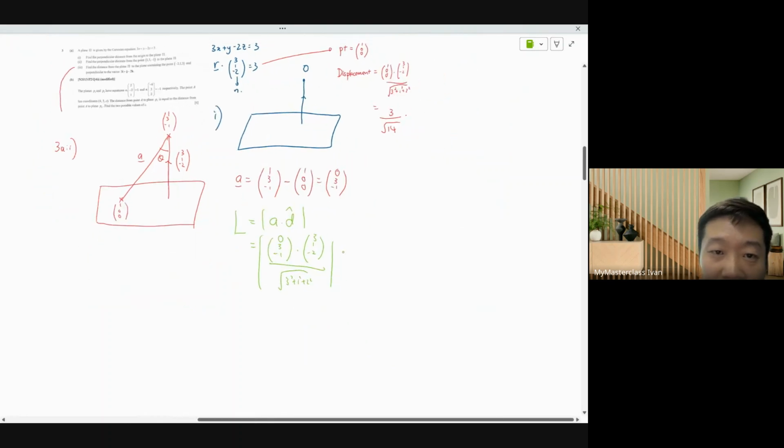So that's the answer. Understand? So we are always using length of projection. 3 plus 2 over square root of 14. That's the answer, 5 over square root 14.